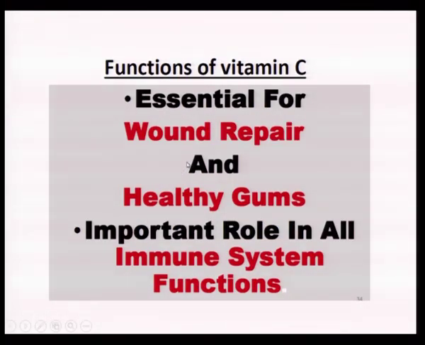So, you see there in this example how vitamin C plays an essential role in wound repair, in the healing of gums, and primarily for immune function. Whenever you look at any kind of connective tissue repair mechanisms, immediately you could associate the role of vitamin C behind the scenes.